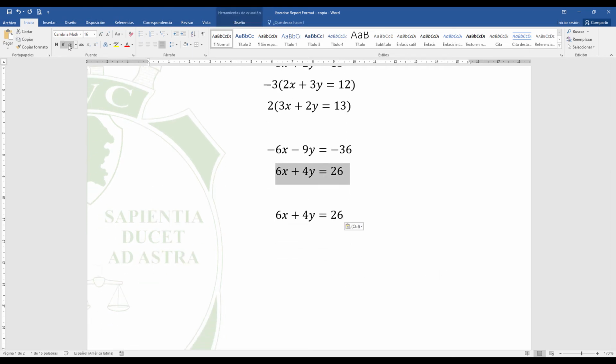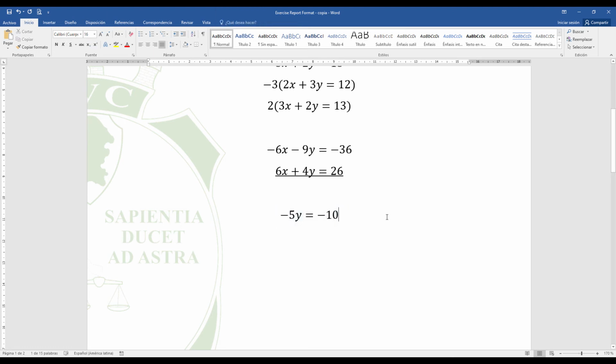So minus 6x plus 6x equals 0. Minus 9y plus 4y is minus 5y. Minus 36 plus 26 is minus 10.